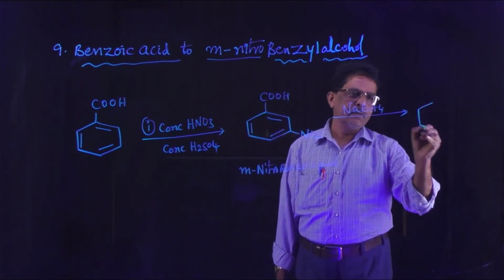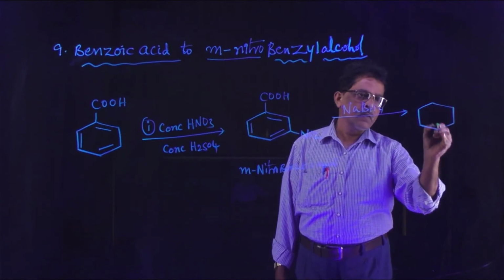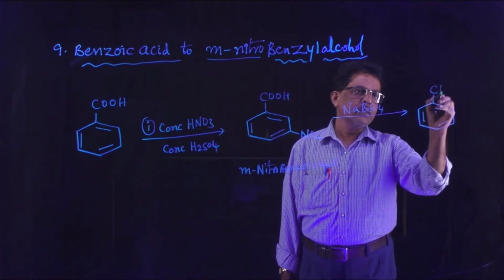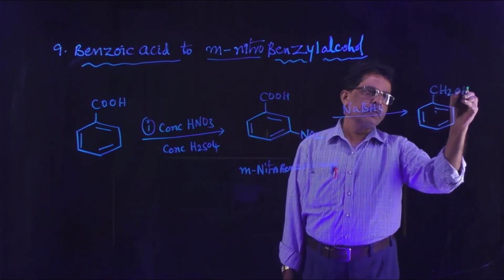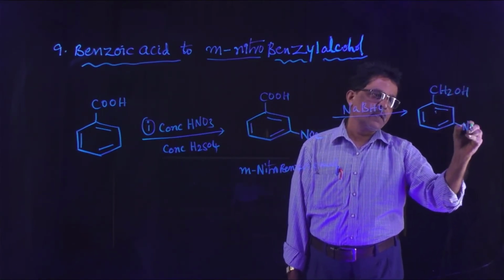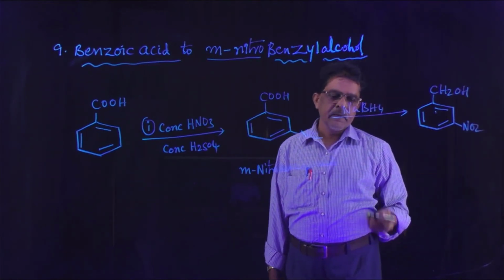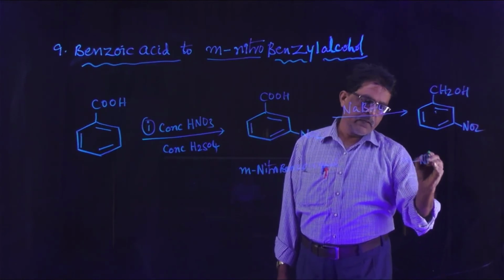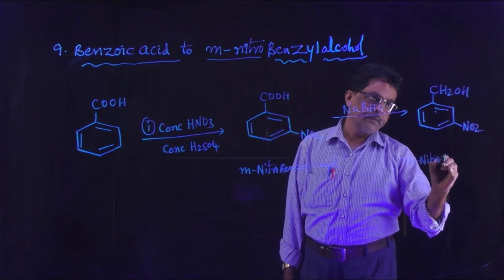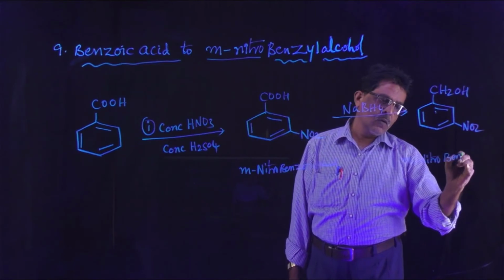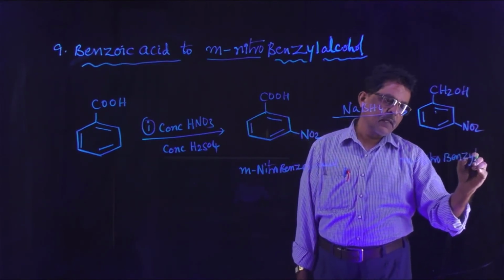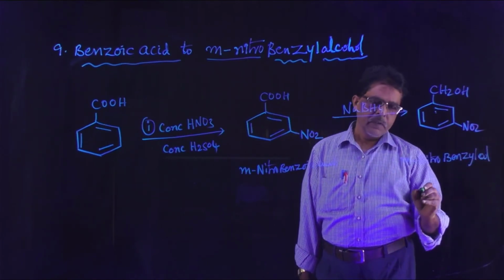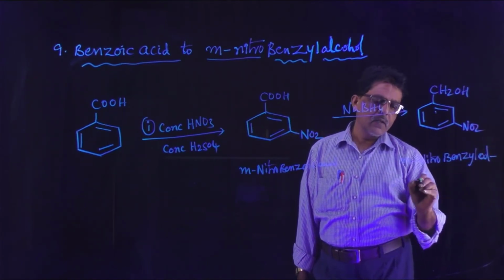So this COOH group is reduced into a CH2OH group, and here the meta position nitro group is there. Then we will get M-nitrobenzyl alcohol.